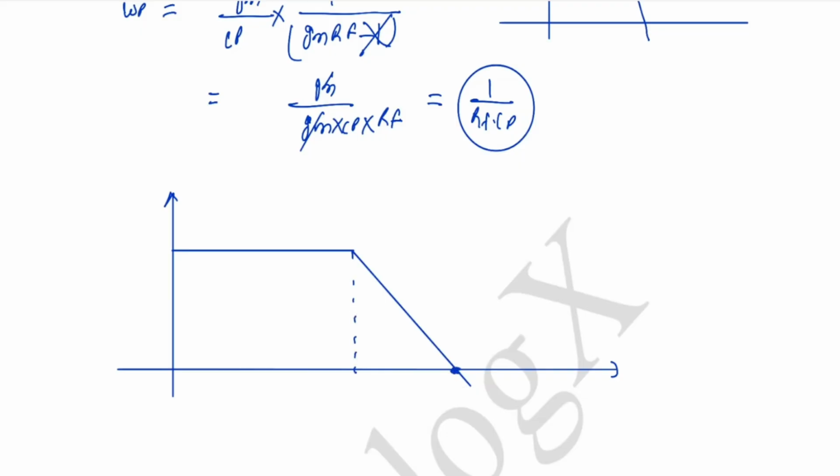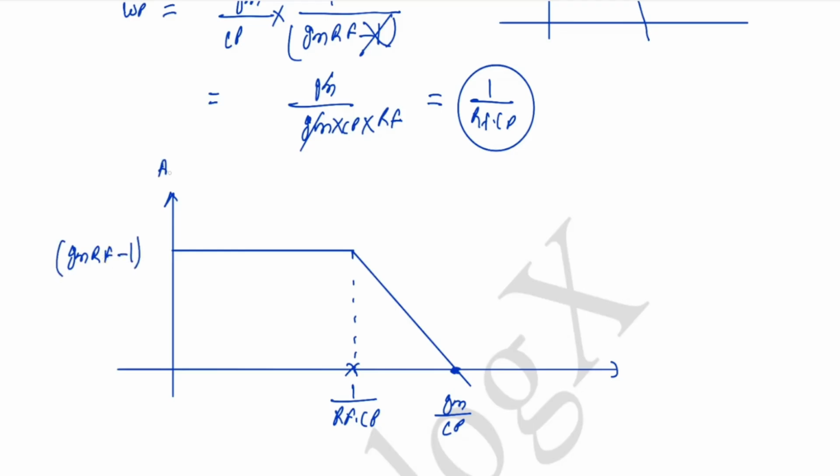So in exact analysis or Miller approximation, our unity gain frequency is the same, that is GM by CP, and pole location is 1 by RF into CP, and this gain is GM RF minus 1.